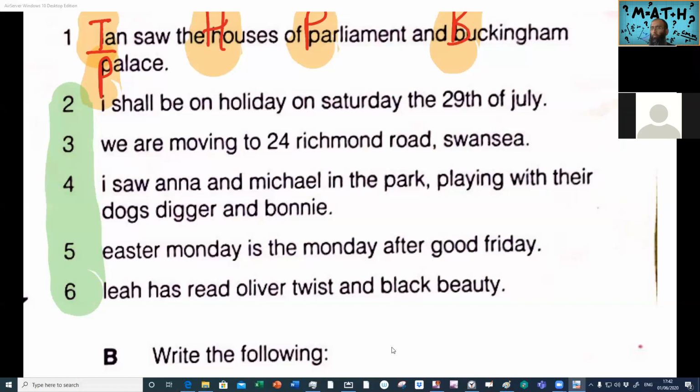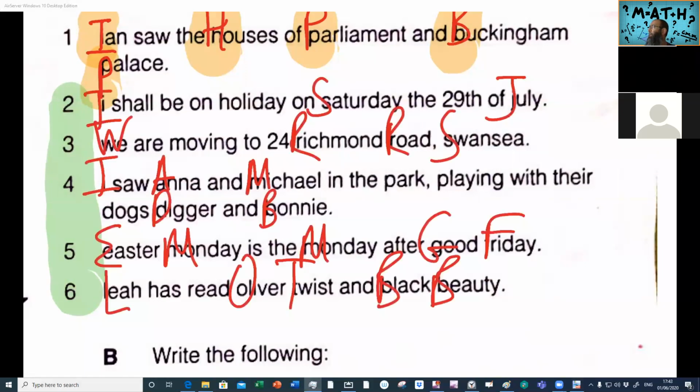Okay, good girl. Yeah, done. Okay, here comes the reveal. Have a look at that, please. Check your work, please.